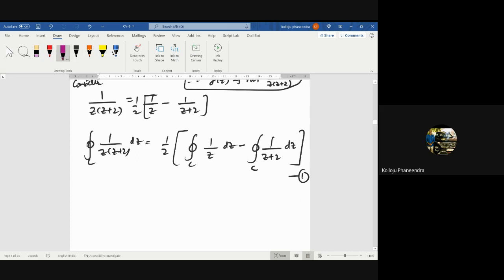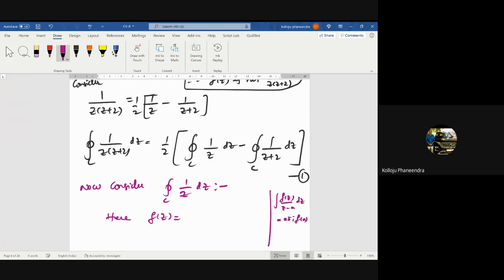Now consider the first integral, over C of 1 by z dz. Here, what is f of z? I have to apply the Cauchy integral formula. What is the structure? Integral of f of z by z minus a dz is equal to 2 pi I into f of a. Compare 1 by z with this.